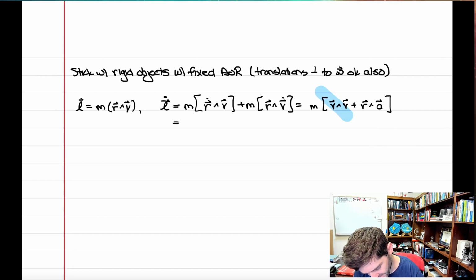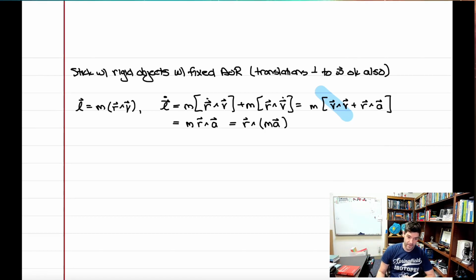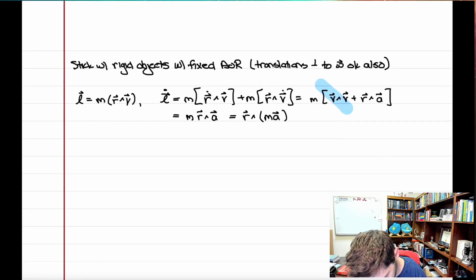And at the end of the day, it's m r cross a. Or if I move the m back in, r cross the mass of that particle and its acceleration, which of course is what? Well, that's just, by Newton's second law, the net force acting on that particle.